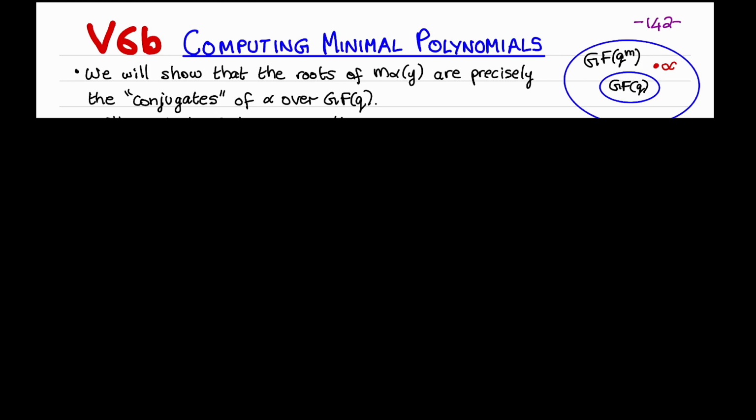I'll begin by recalling the definition of a minimal polynomial. Recall that GF(q^m) is an extension field of GF(q), and GF(q) is a subfield of GF(q^m). Alpha is an arbitrary element in the extension field.